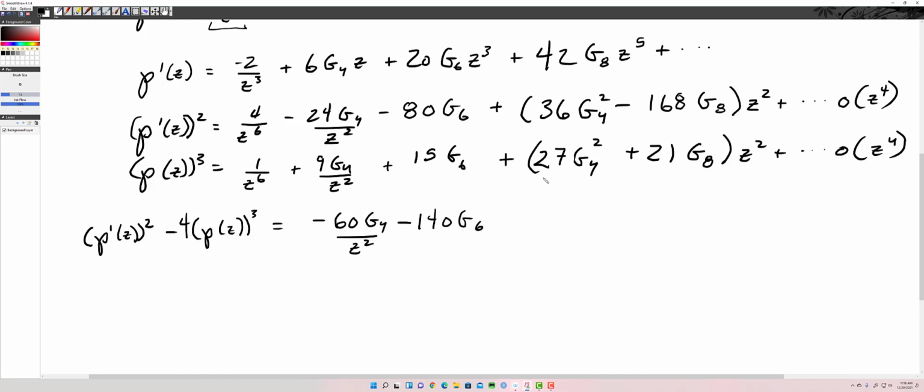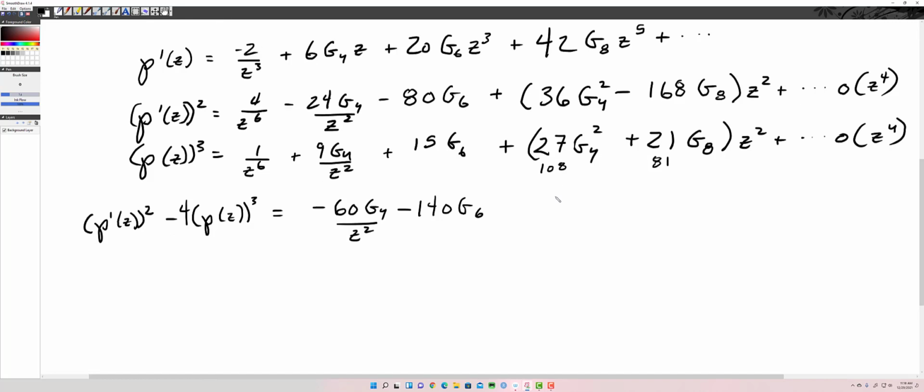What I'm going to do, though, is write what 4 times each one of these coefficients is so I don't make some stupid mistake, which now that I've said it, I'll probably do anyway. Remember that we're subtracting these things, so 36 minus 108, that's going to be minus 72 g4 squared. And 168 minus 81, what is that?